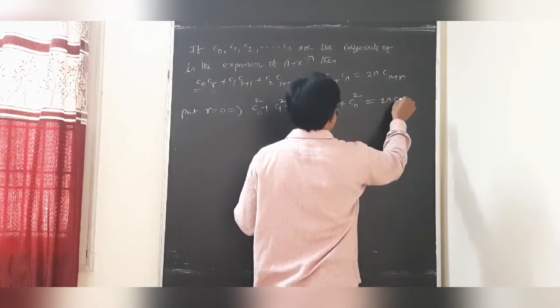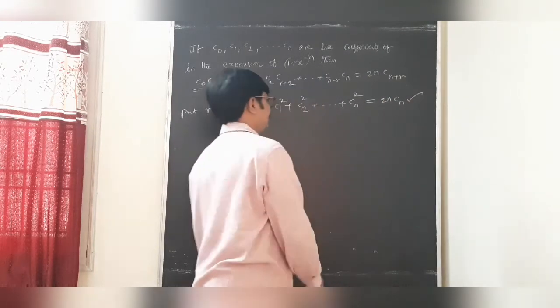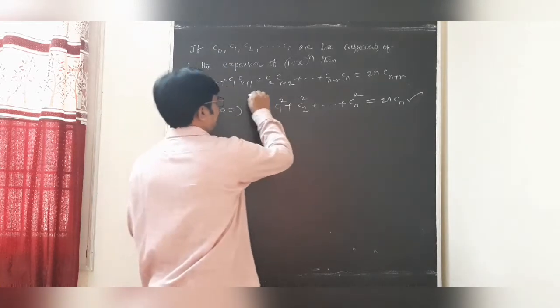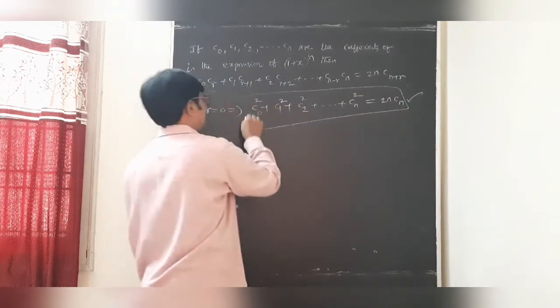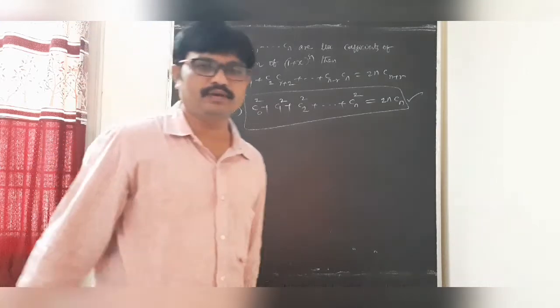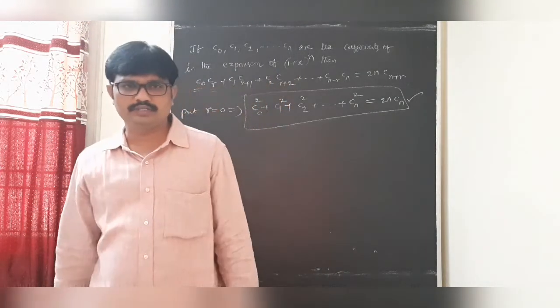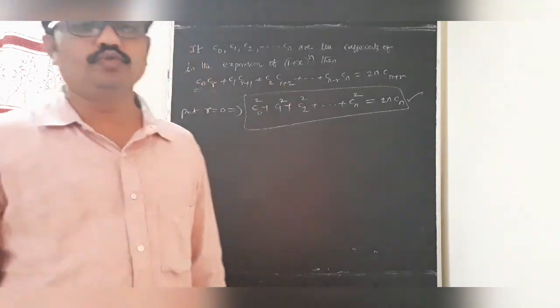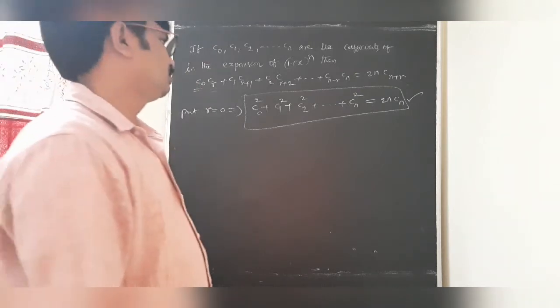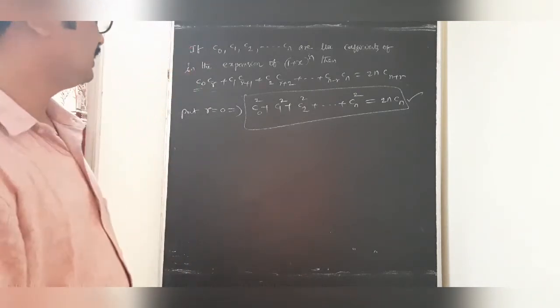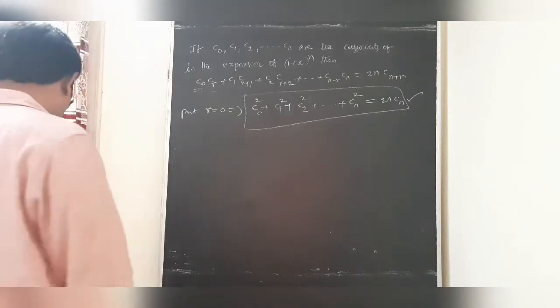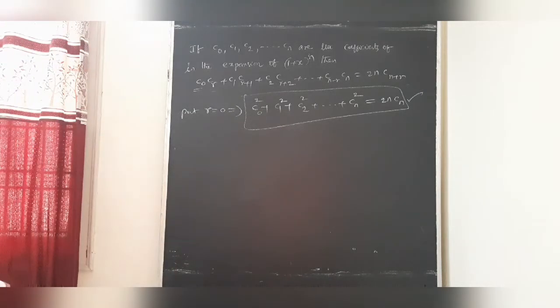This is 2nCn. Very important students, this is a very important formula. C0² + C1² + C2² + and so on + Cn² is 2nCn. 2nCn is the formula. Okay, students.